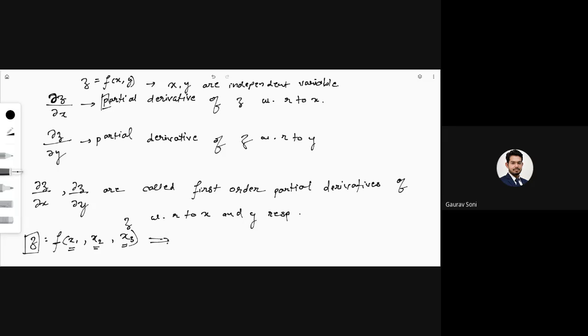So I can take the partial derivative of z with respect to x1, x2, and x3. Partial derivatives can be taken for a function with any number of independent variables. Fine.